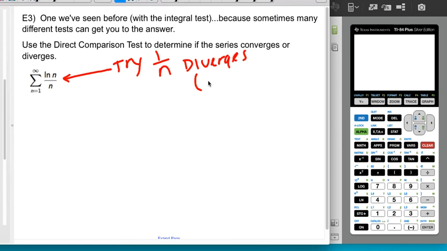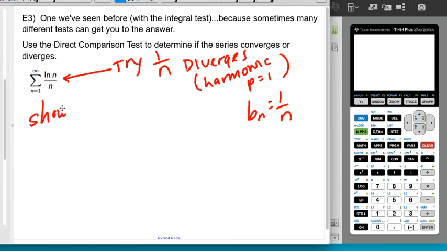So 1 over n diverges, it's the harmonic series with p equal to 1. So I say, okay, I know that my b sub n is 1 over n, right? Since this diverges, I want to show that this thing is bigger than 0, which 1 over n is for n values starting at 1, obviously, and that a sub n, the thing I was given here, is bigger than that, right? So this thing is my a sub n.